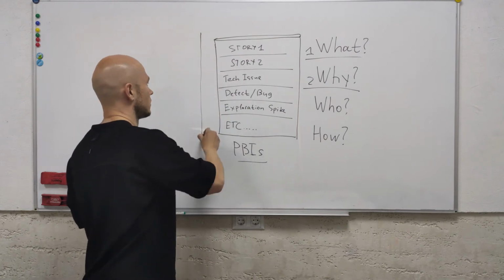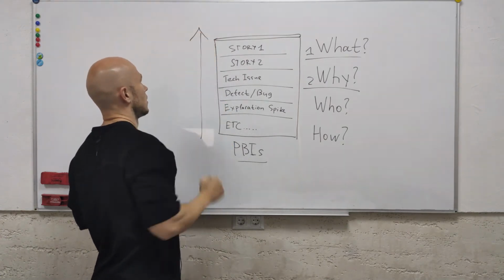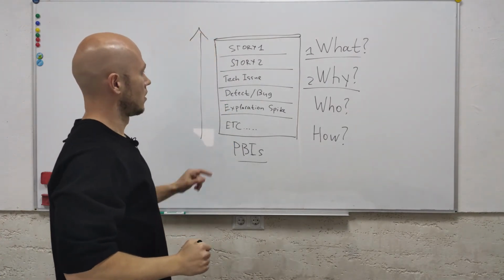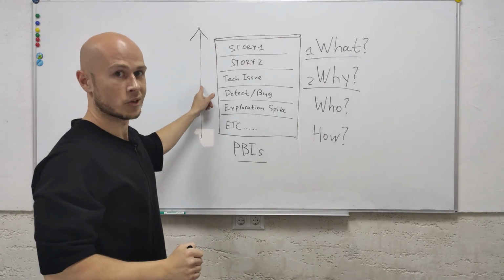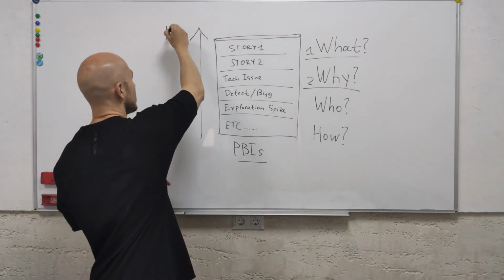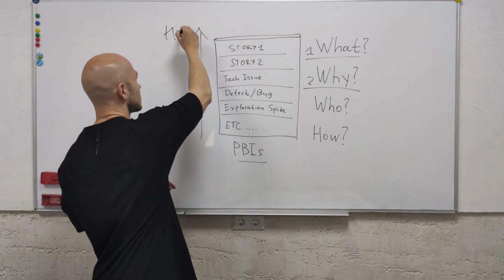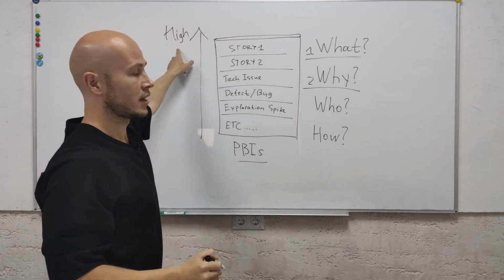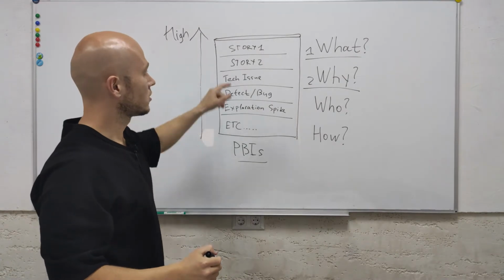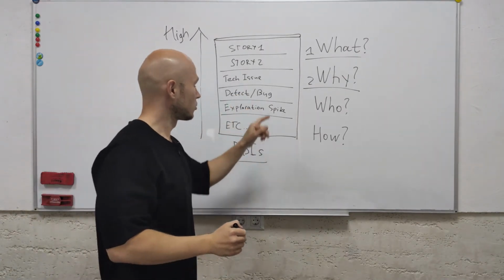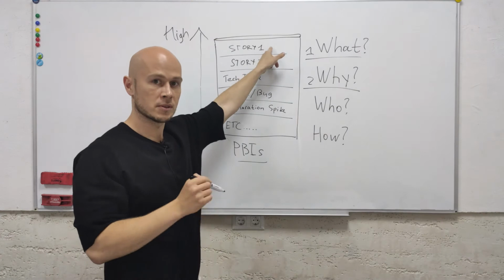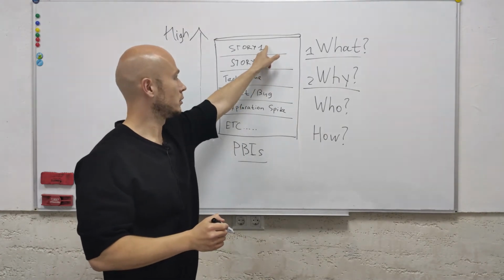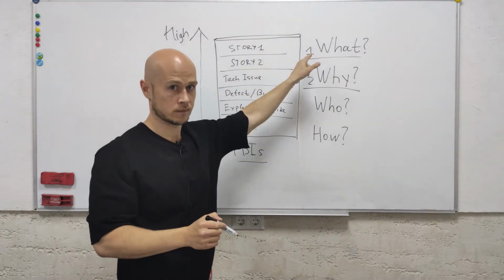But that could be easily fixed, as long as we add the following row here and put high here, meaning that high is our highest prioritized items. We start to understand that story 1 is at the top of the backlog, and this deliverable more likely will be done first.